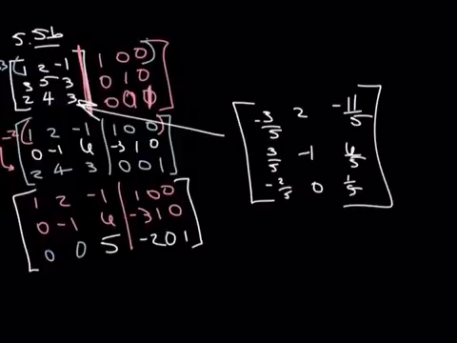Alright, if a matrix has an inverse, it is what's called invertible or non-singular. When you cannot get an identity matrix using this Gauss-Jordan method, then there is no inverse.